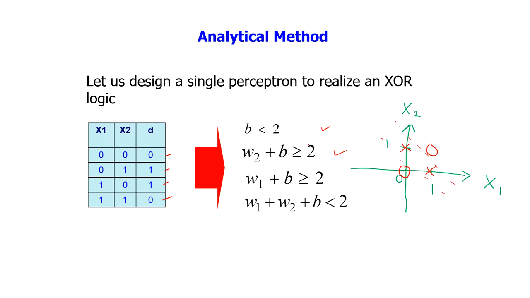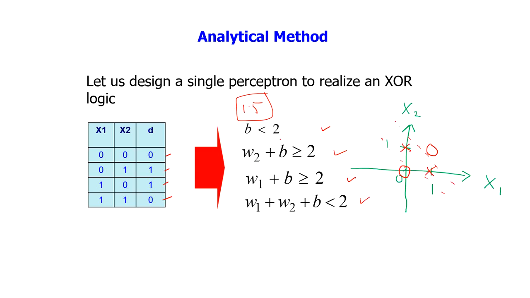If we try to find the constraint functions for this problem, let's say we select the value of theta equal to 2. These are all 4 constraint functions. For the first one, b must be less than 2, so let's say b equals 1.5. Then w2 plus b must be higher than 2.